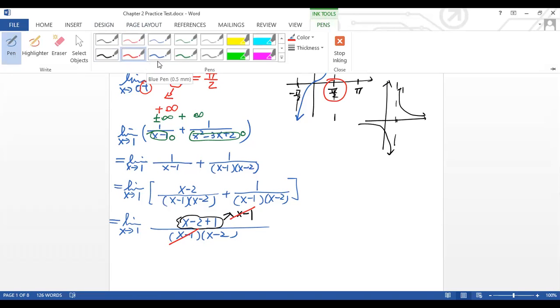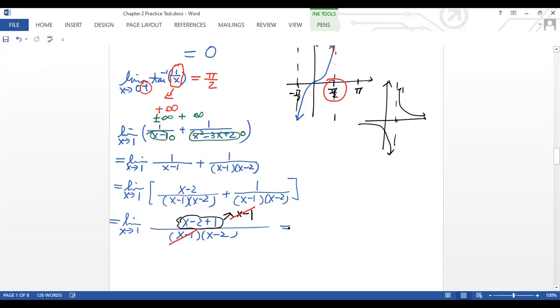All right, so now I can say this is the limit as x approaches 1 of 1 over x minus 2. So this is 1 over 1 minus 2, which is negative 1. So the limit here is negative 1.